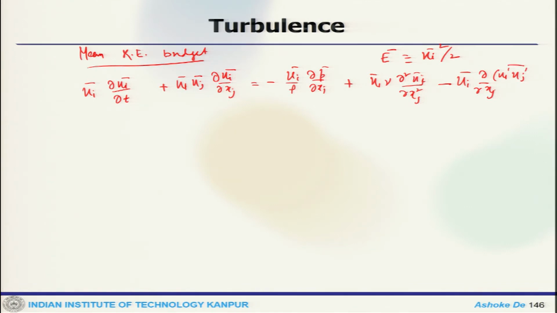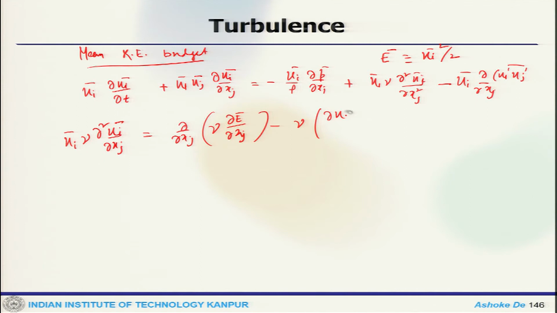Now, the diffusion term we can rewrite as ui bar nu del 2 ui bar by del xj square, which we can write as del by del xj of nu del E by del xj minus nu del ui bar by del xj square.